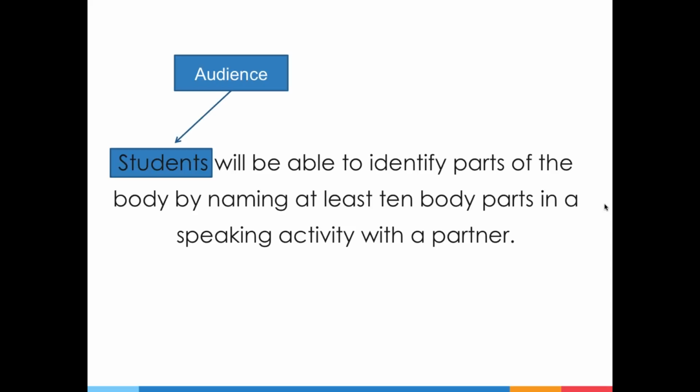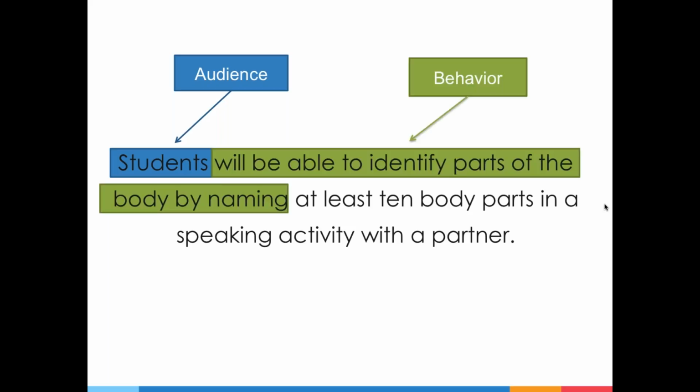The audience is always the students. Your learners are always the audience. So A is done. We understand who A, or audience, is. Behavior: we'll be able to identify parts of the body by naming.